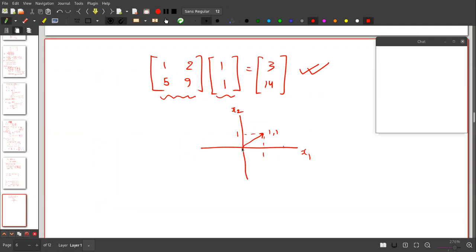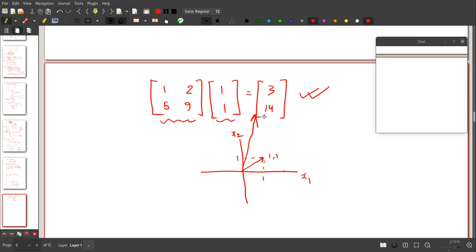So it's something like a function: you operate a matrix on a vector and it gives you something else. This is an interpretation of what we wrote above.